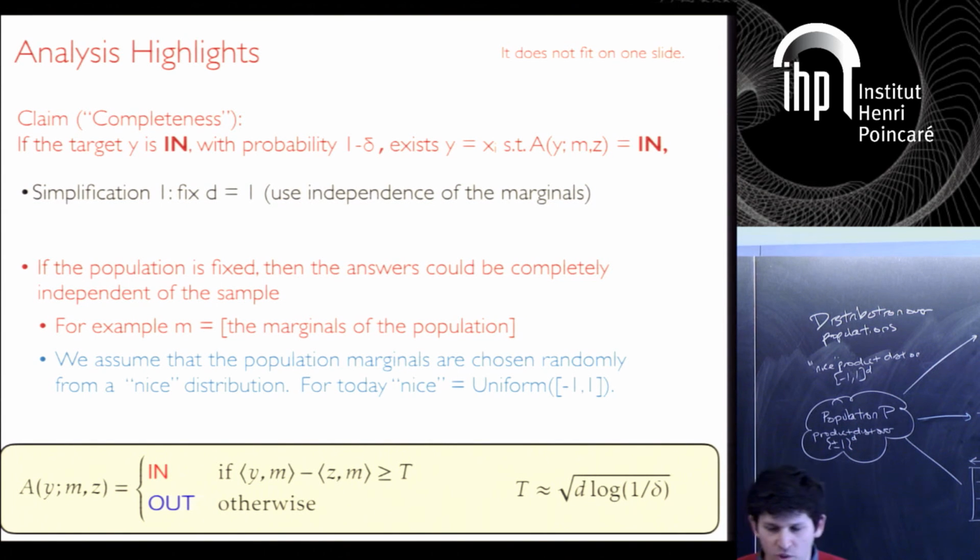In the d equals 1 setting, we draw a random number p between -1 and 1, say even uniformly. Then we sample the population: every person is independent with bias p.